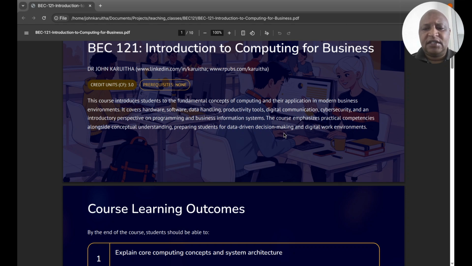The course emphasizes practical competencies alongside conceptual understanding so that you are able to make data-driven decisions and work in digital work environments. Remember, when you go out there in the world of work, you'll be using computers. Nowadays we have AI tools like ChatGPT and Microsoft Excel, Microsoft Word. You are supposed to write emails and so on. So that is very, very critical.